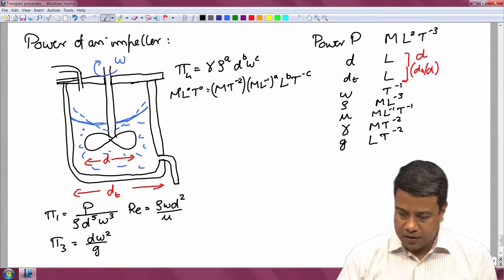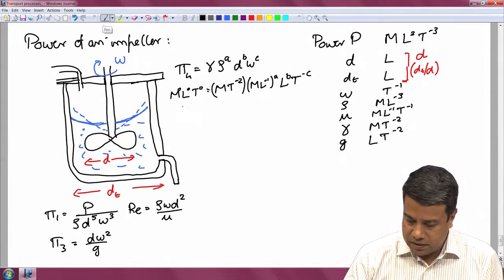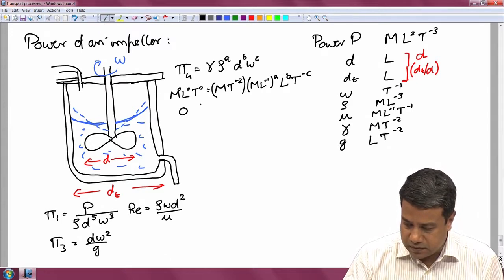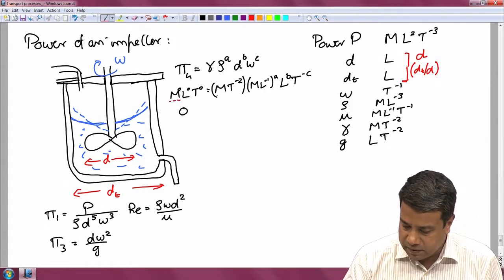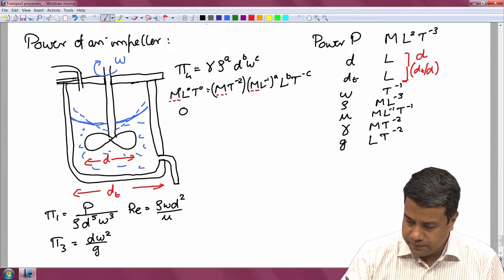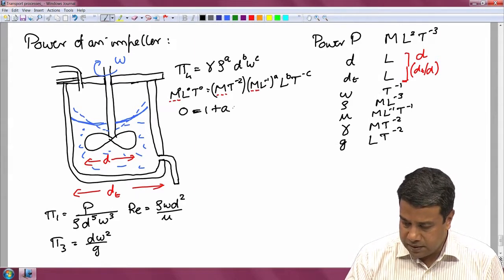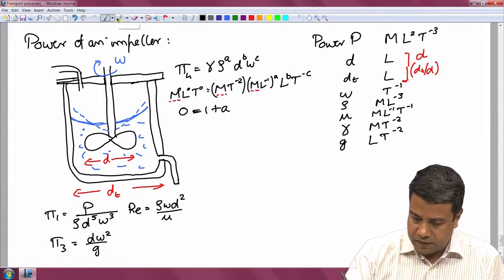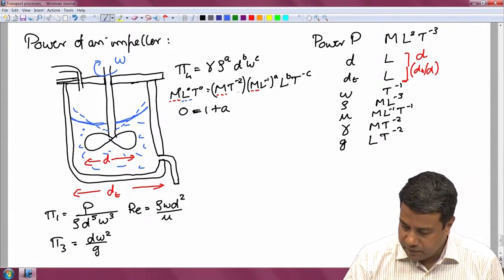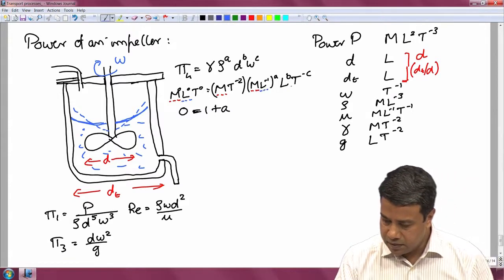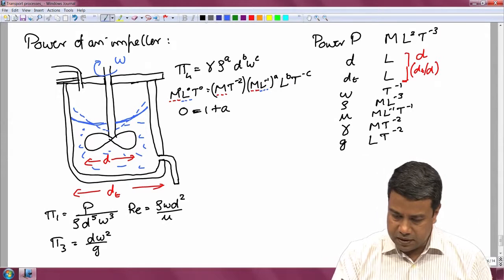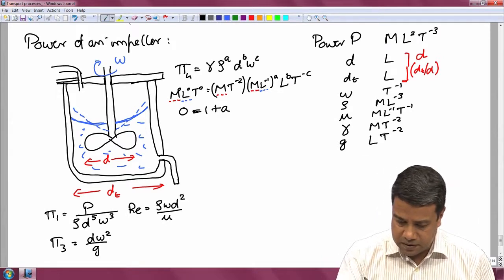So, therefore, I will get for the mass dimension, 0 is equal to 1 plus a. For the length dimension, I am sorry, the density should be length power minus 3.